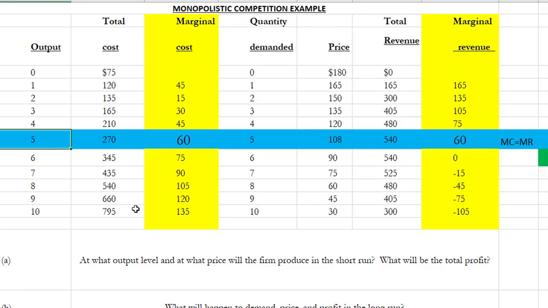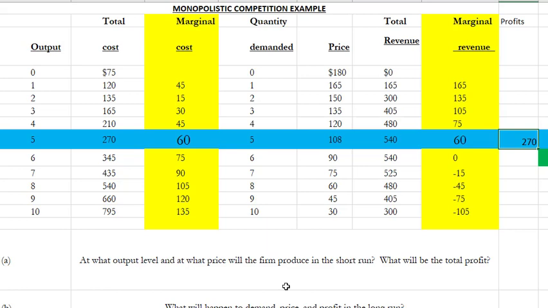And if you did this, how much profits would you make? Well, you would have earned $540 and it would have cost you $270 to produce those 5 units. So total revenue minus total costs, your profits would have been $270.